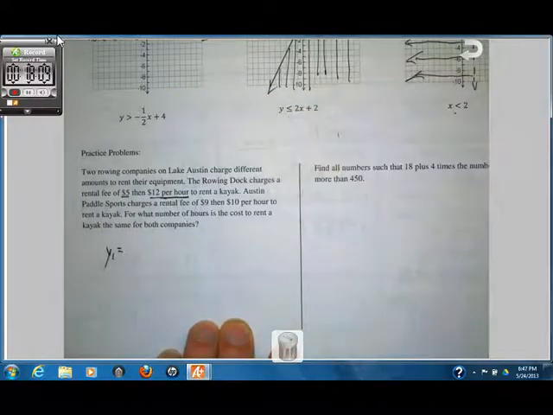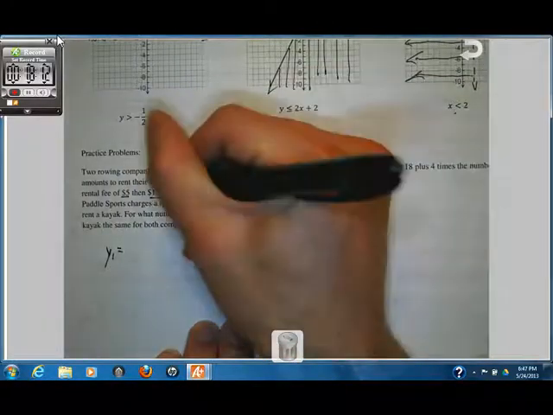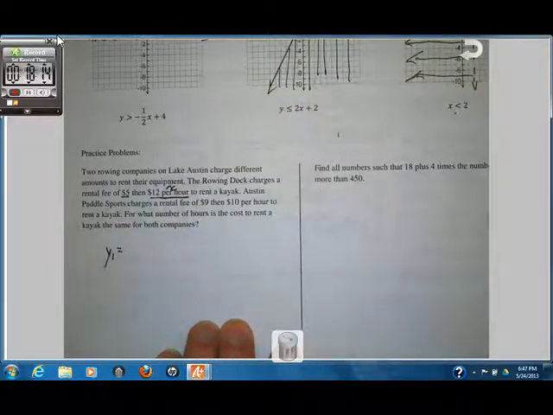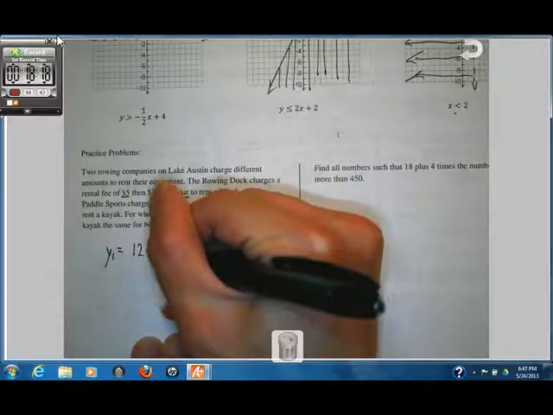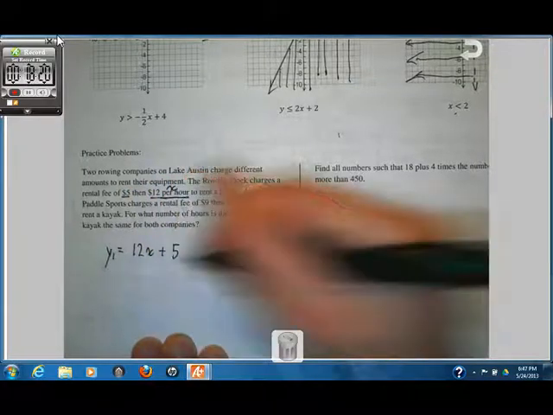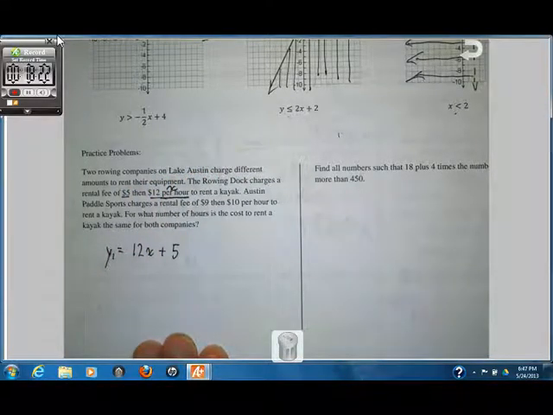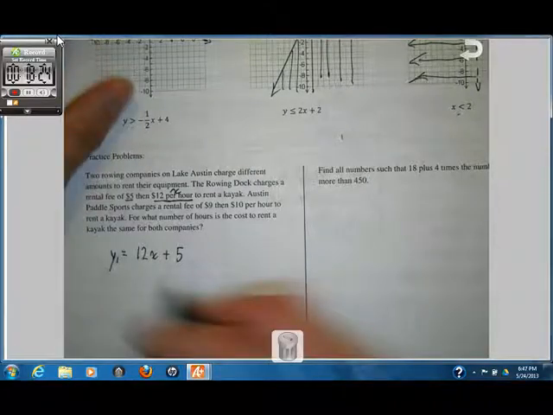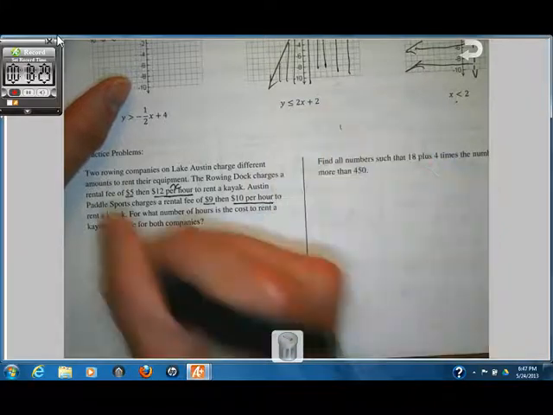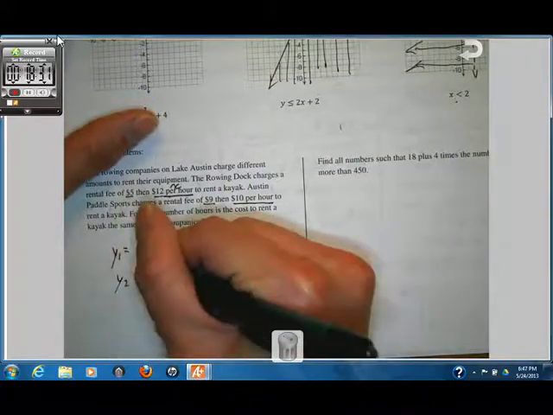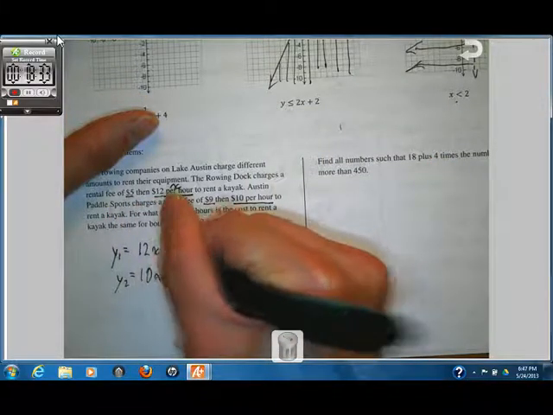And it says for what number of hours does it cost the same to rent from both of them? Well, you just set them equal to each other and solve for x. Now, you could do it graphically. I don't want to. So y2 is equal to y1, because y is the cost. So you say, all right, 12x plus 5 is equal to 10x plus 9. Subtract 5 from both sides.